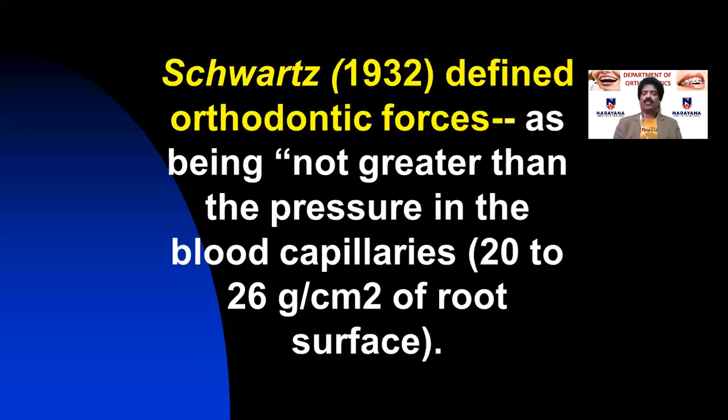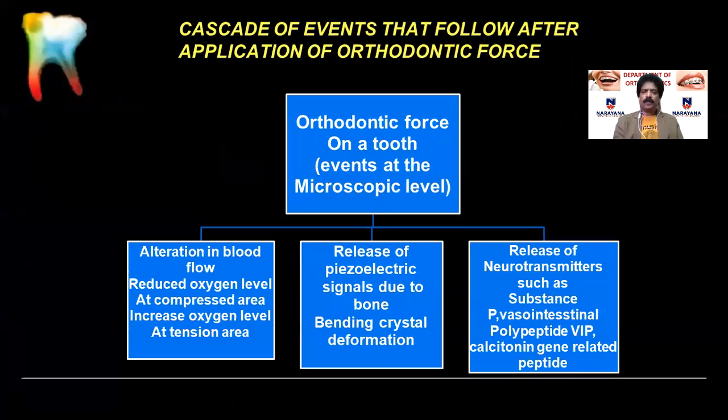Even now, for some appliances, self-ligating appliances they are called, they are using only half of this. That is around 12 to 13 grams per square centimeter of root surface area. Okay, these are the recent advancements. Okay, if you remember, that will be good.